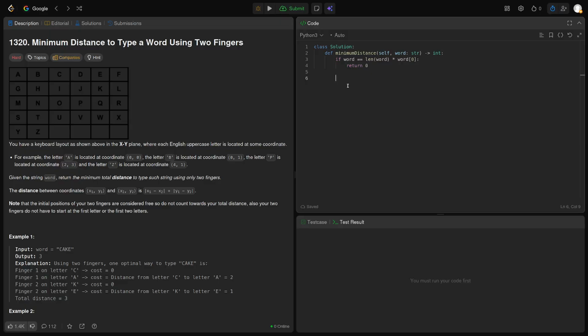Like we write the first I, and the I plus first is written by the other finger, and then we do recursion from there. So here is our recursion: def recursion, where we typed the first i characters and the positions are J, K.